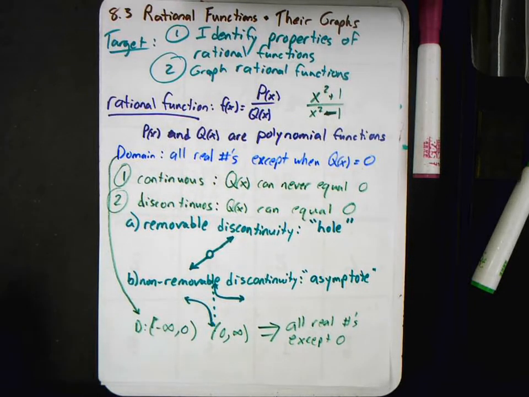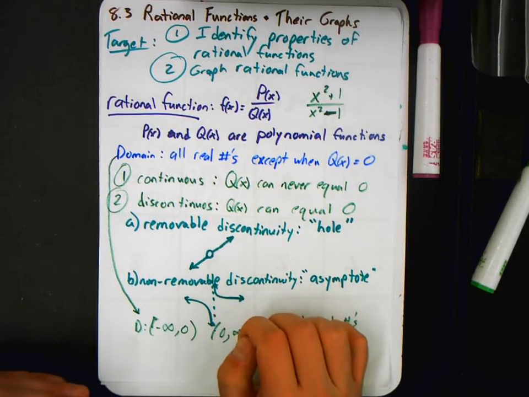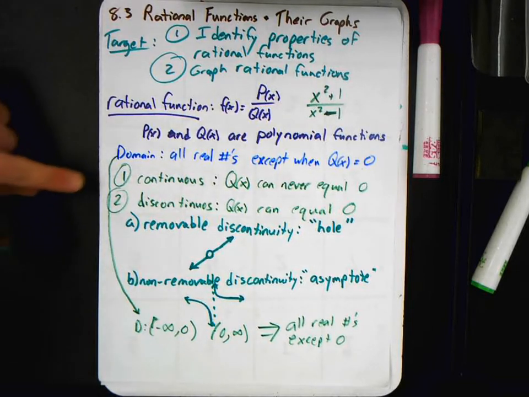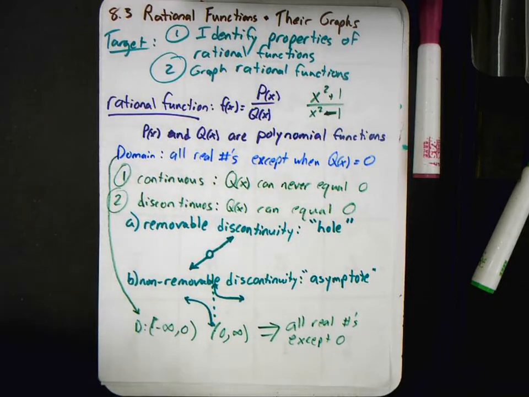A perfect example is an asymptote. We can't remove it from the graph. It doesn't connect up at all in the same spot. There is an asymptote that is separating the two. So again, it can either be continuous or discontinuous, and the two types of discontinuities are either removable or non-removable, which is either a hole or an asymptote.